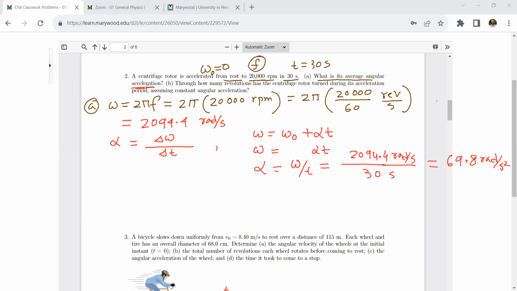All right, now number B. It asks us how many revolutions the centrifuge rotor has turned during its acceleration. The number of revolutions is related to angular displacement.